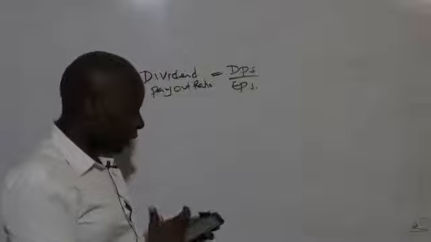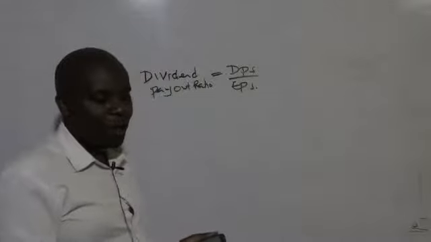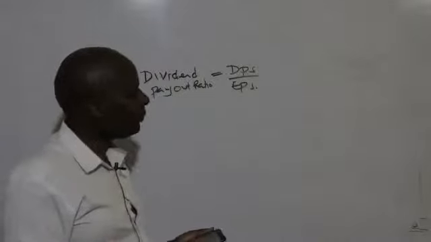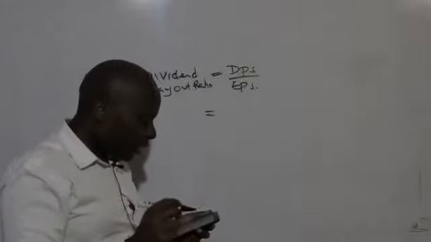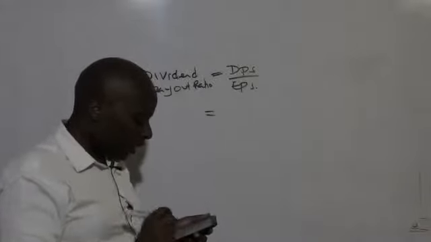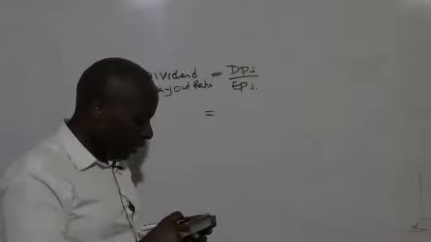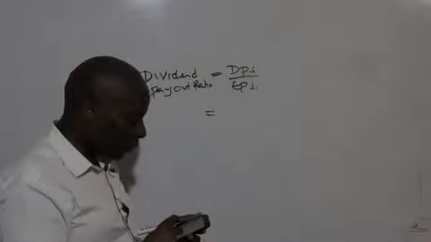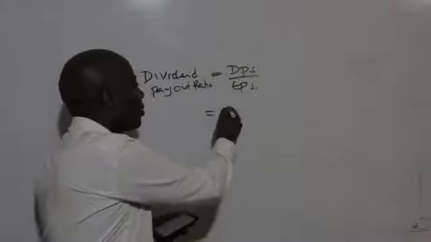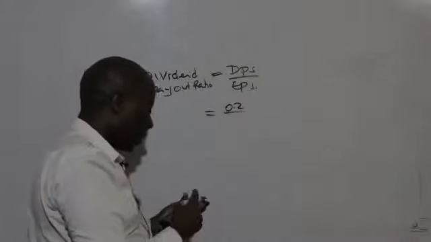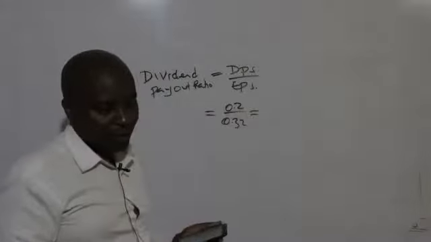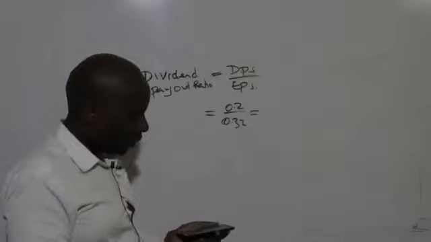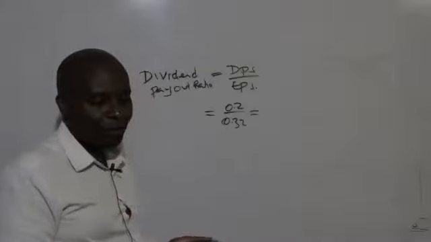So in example 6, the dividends which were paid were 0.2, all over the total earnings, which are 0.32. Would you give me this in form of decimal? Somebody help me out. 0.2 divided by 0.32 will give me what figure?